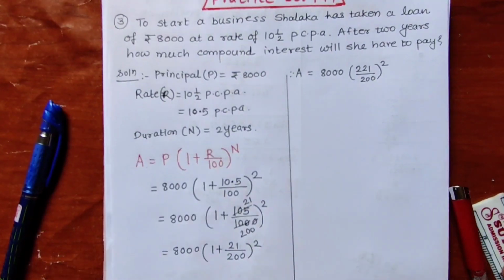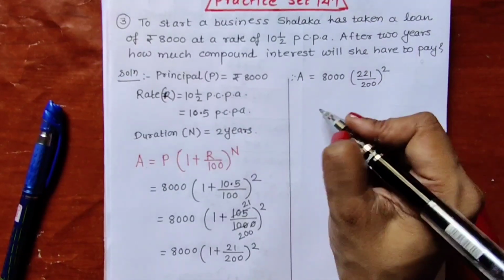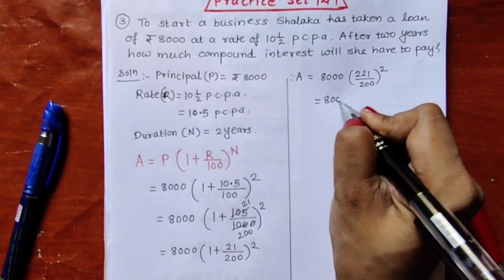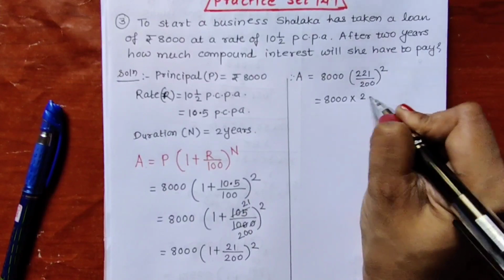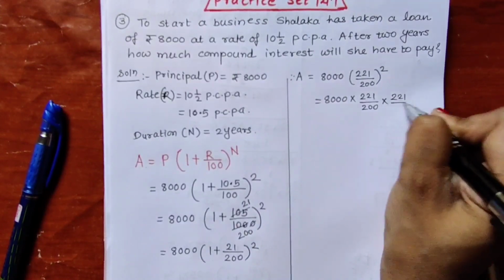Okay. Now we will calculate the next step. 221 upon 200 squared means we will be writing the same number 2 times, multiplied by itself. 221 upon 200 into 221 upon 200.